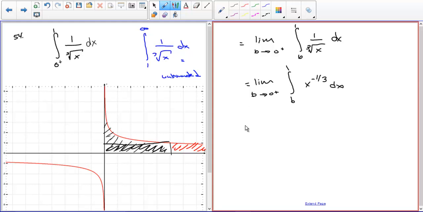And then we integrate. This is a definite integral because we have limits. So we'll get x to the positive 2/3 divided by 2/3, evaluated between b and 1. And then we plug in the limits.